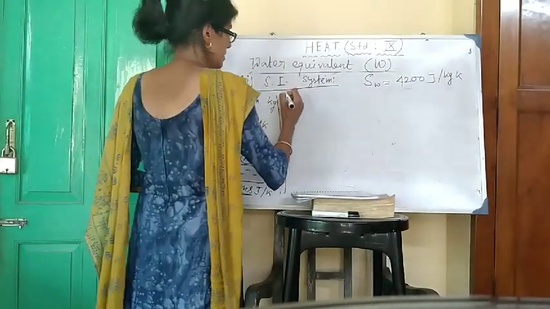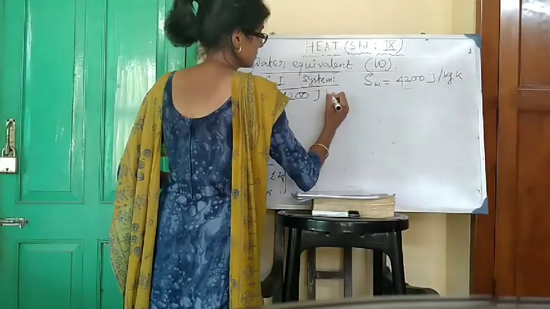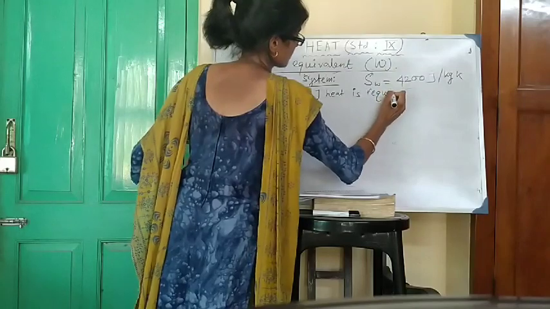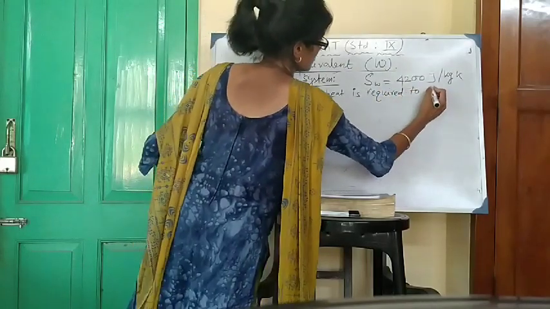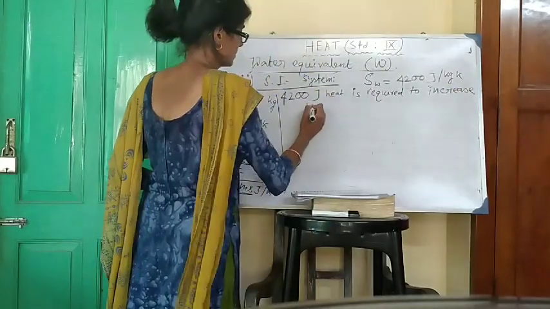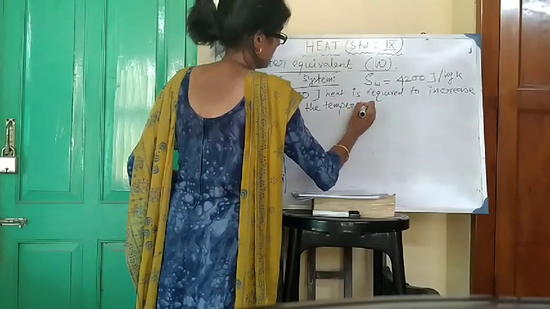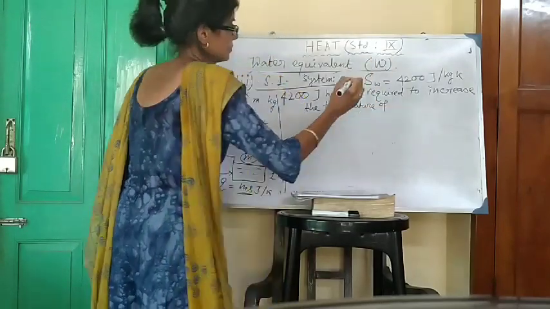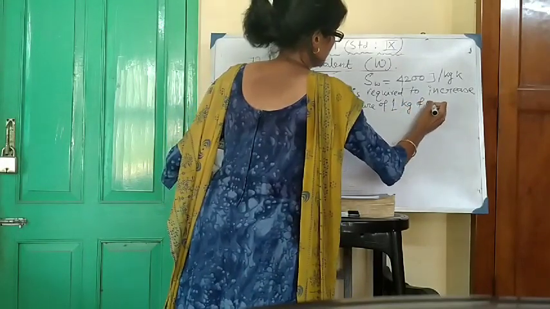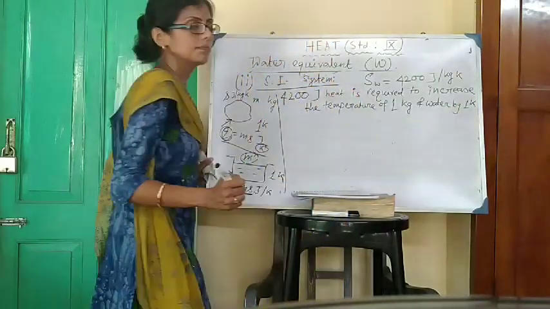What is the meaning? 4200 joule heat is required to increase the temperature of 1 kg of water by 1 Kelvin.